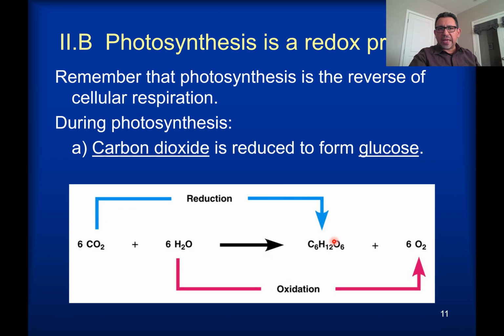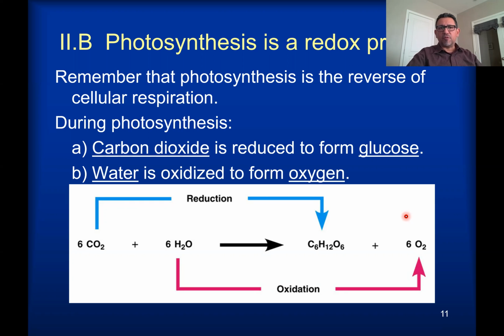What is the source of electrons that are going to be given to CO2? Well, it's going to be water. Hydrogen ions and electrons from hydrogen that used to be in water will be given to CO2, and as water loses those hydrogen ions and electrons, water will be oxidized and is going to form oxygen gas, which is that good oxygen gas for us because we breathe it and because we need it for cellular respiration.